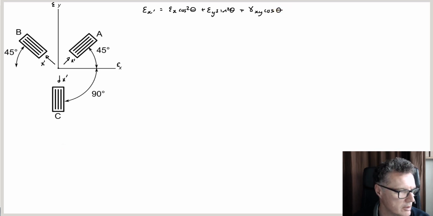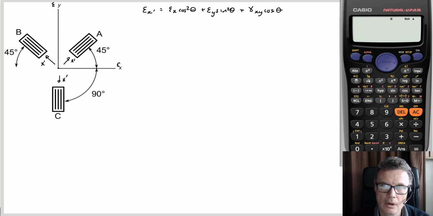I want my calculator. Okay, let's work with this one first. We are always going to try and orientate them such that we get this arbitrary axis pointing so that it rotates back to the x-axis.